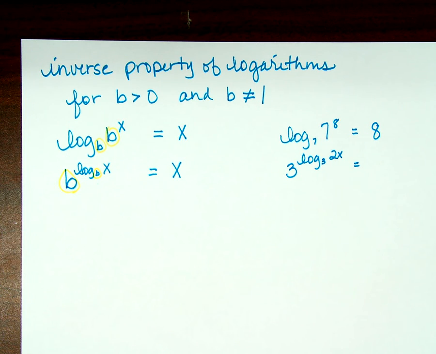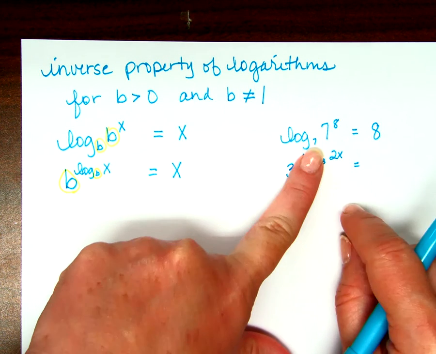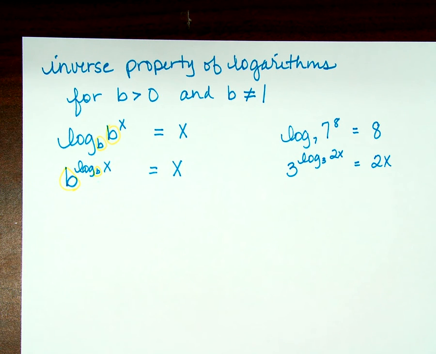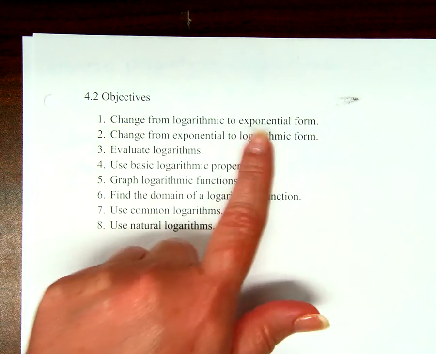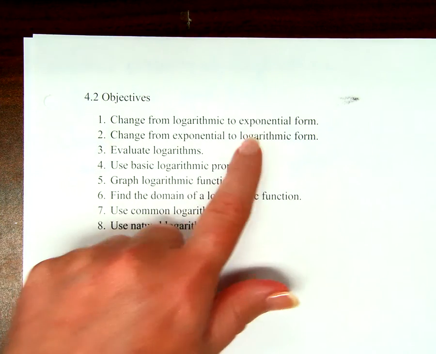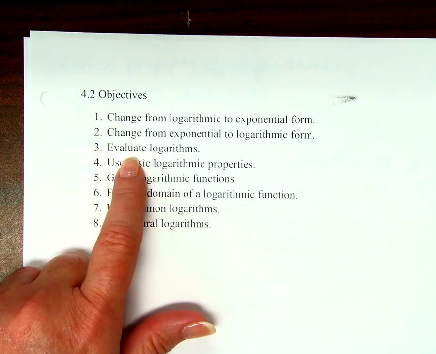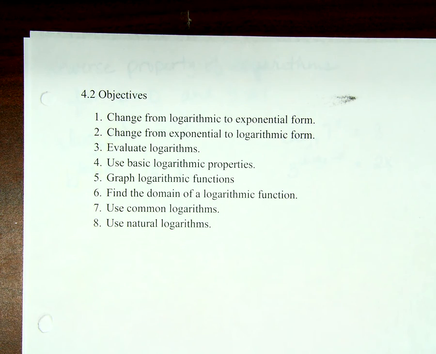What does that equal? Well, are the bases the same? Yeah, then what's left? 2x. You okay with that? Do you feel comfortable changing from logarithmic to exponential form and then back from exponential to logarithmic form? Do you feel confident in evaluating logs and using basic logarithmic properties?